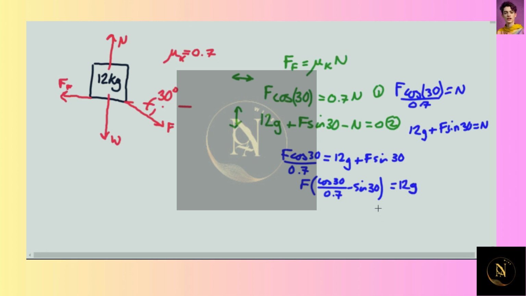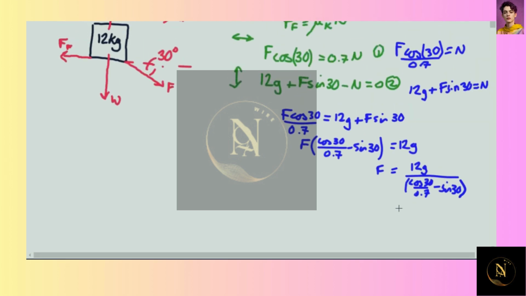And so finally, the force that we're pushing with is equal to 12g over all of this stuff, cosine 30 itself over 0.7, subtract from that the sine of 30. It's one of the ways that we can solve a simultaneous equation. Anyway, placing this into a calculator, we determine that this force is equal to 160 newtons.